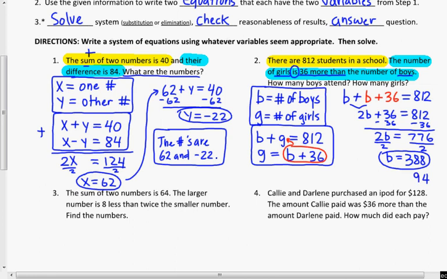I can't do it. I've got to write it on the page. Okay. G equals 424.